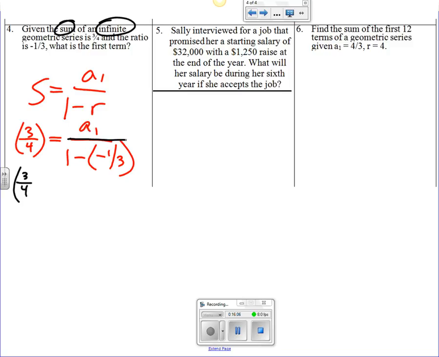Very good. So to get rid of divide, we're going to multiply. So guys, I'm going to do 3/4 and then a parentheses 1 minus -1/3, like I'm moving it all over there, equals A1. Okay. Laura, type that in your calculator and tell us what you get. Very good.